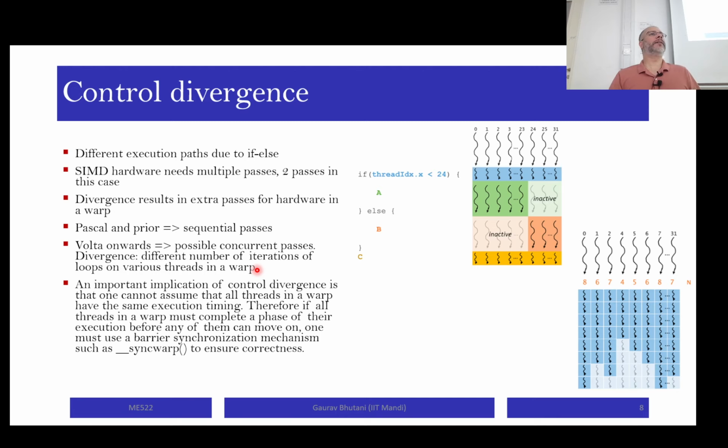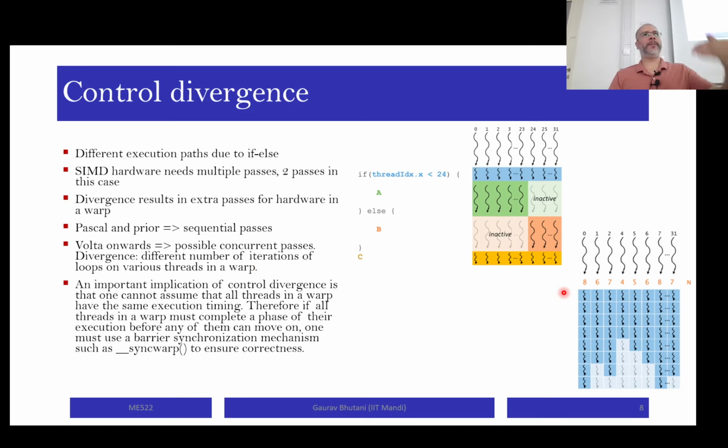But typically, you have to go through multiple passes if you have the situation of control divergence. And this is all important because with GPU parallelized code, you have to have better control over things to make them faster. In this course, we will not go deep into programs which have all these implemented, but it's worth knowing these things if you want to do something more useful with GPUs in general.